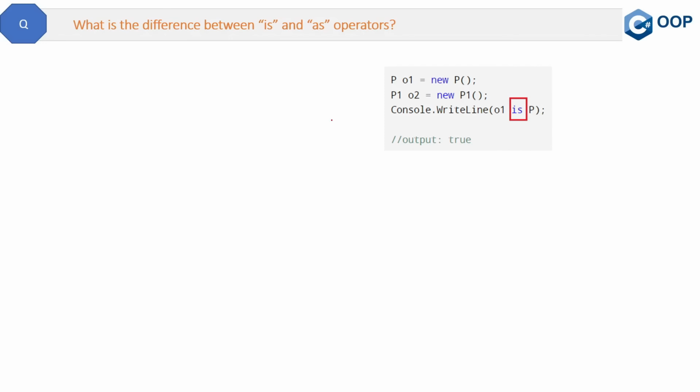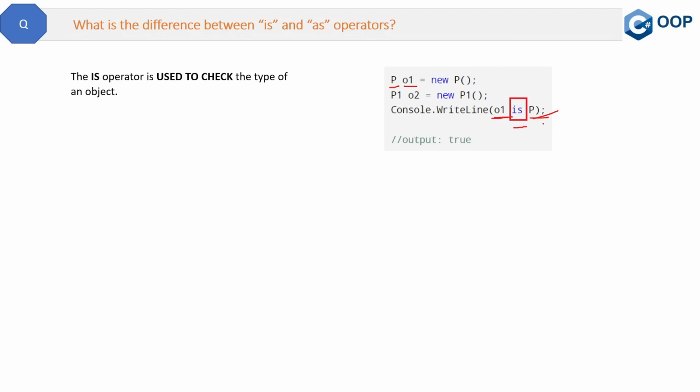See the code here. It is an example of the is operator. In simple terms, the is operator is used to check the type of an object. So here in the code, if O1 is of type P, which it is, then it will return true. It is basically just checking whether this object is of type P class or not.